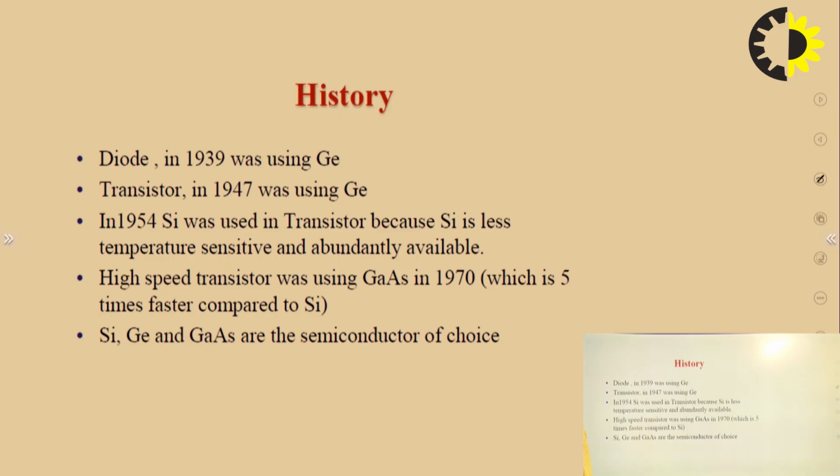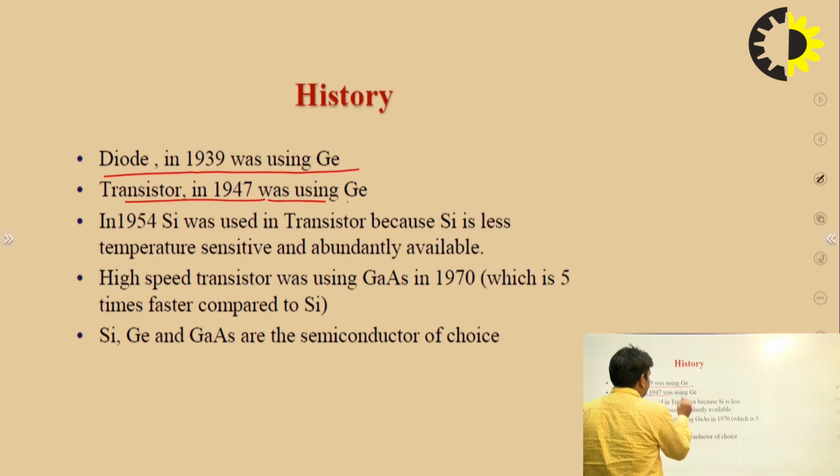So what is the history behind that? The diode was first invented in 1939, using germanium. The transistor was invented in 1947, which is also made from the semiconductor germanium.